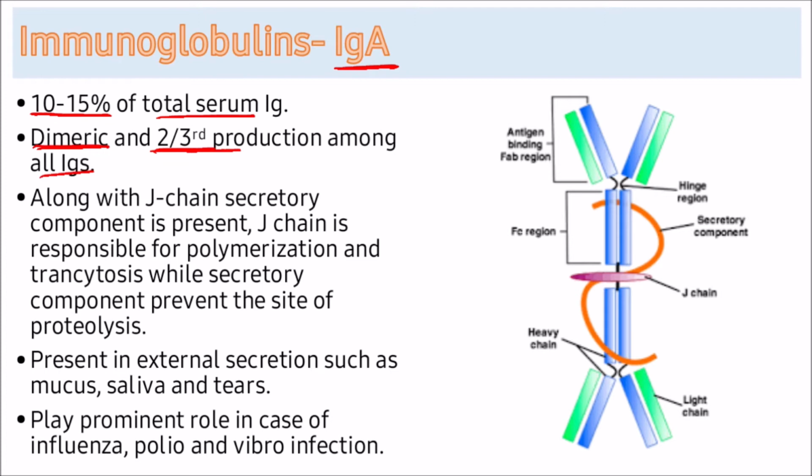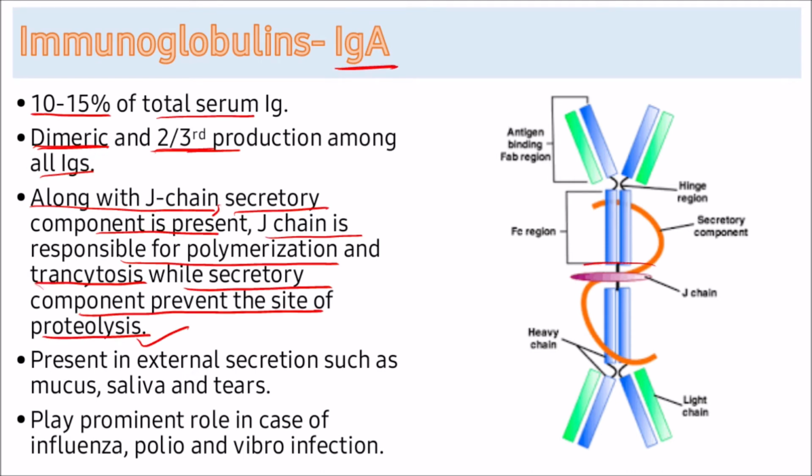So coming to the next point, along with the J chain, one secretory component is present. J chain is responsible for the polymerization and transcytosis, while secretory component prevents the site from proteolysis.